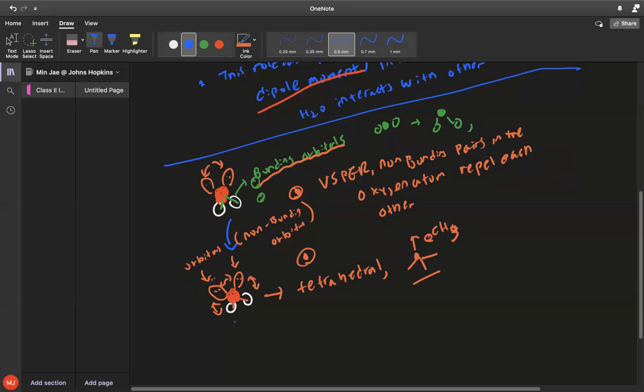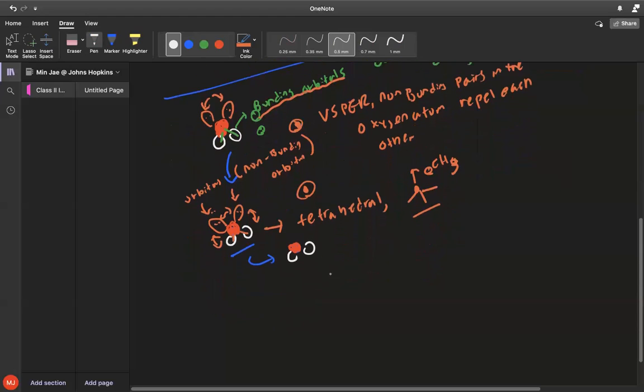So that's why we only care about just the bonds. But it is important to note that the reason why this angle is formed is because of the unseen non-bonding orbitals that cause such angular distortion.